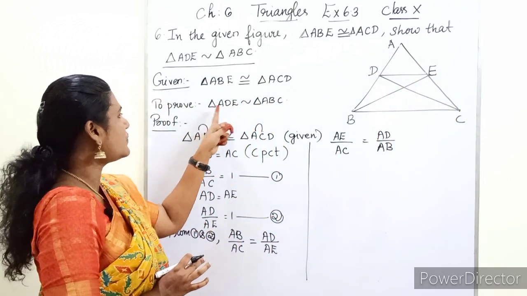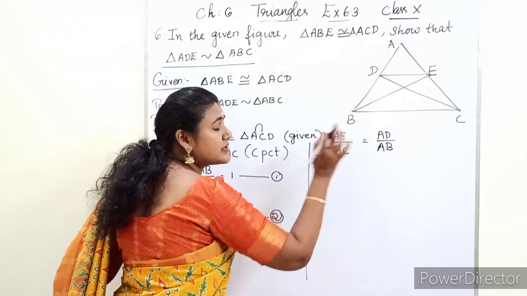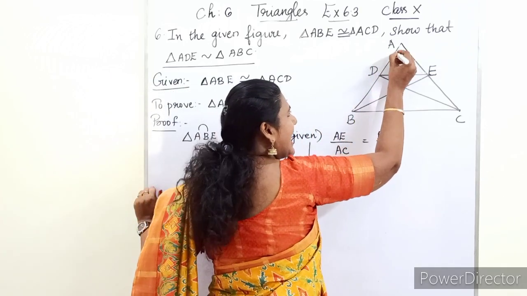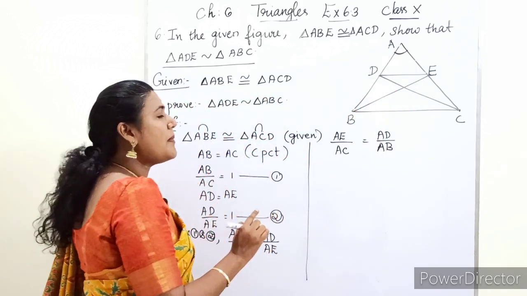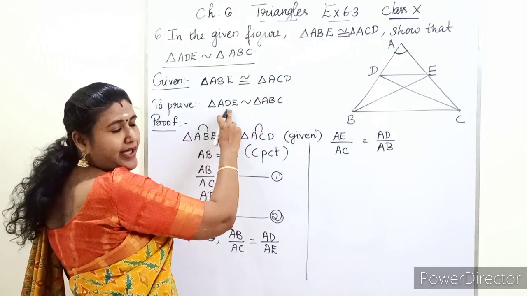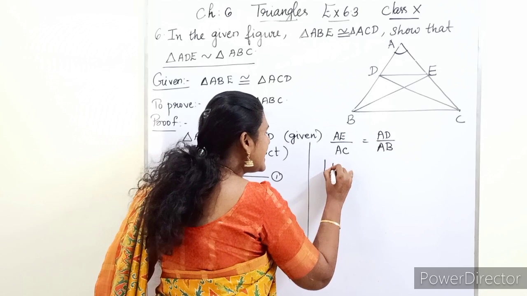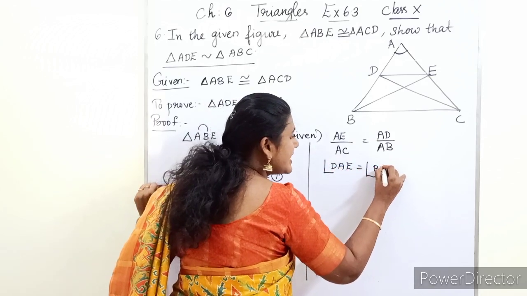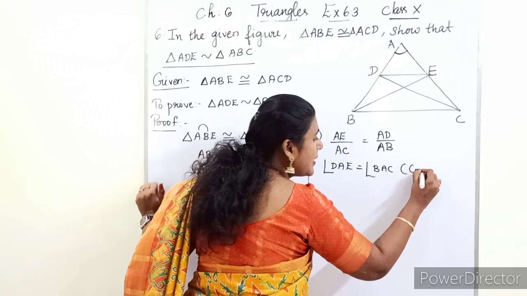So in these two triangles, we got sides ratios are equal. Now what about this angle? Angle A is the common angle for both the triangles. So we can write angle DAE is equal to angle BAC. This is the common angle.